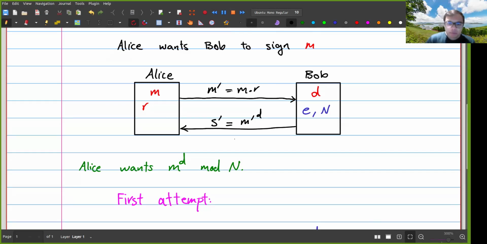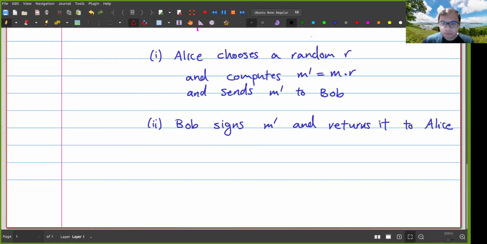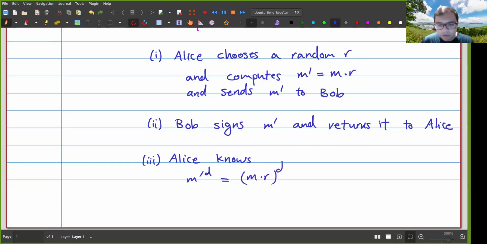Okay, but what do I know about M prime to the power of D? This is the third part. Alice does some computation, so she knows M prime to the power of D. But M prime to the power of D is basically M times R, all of it to the power of D, which is M^D times R^D. Okay.